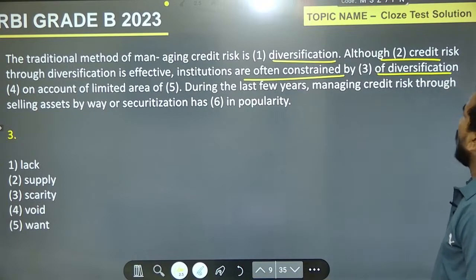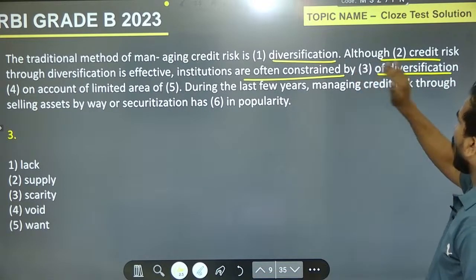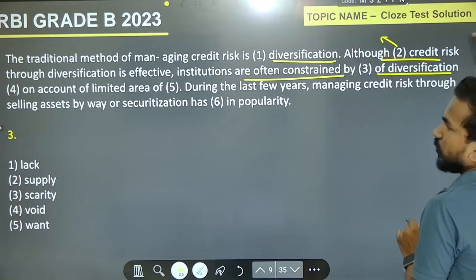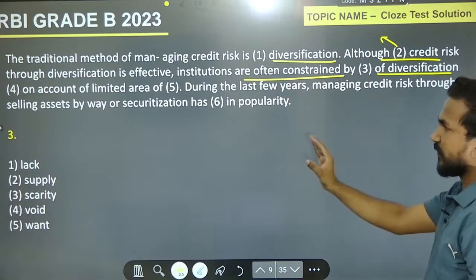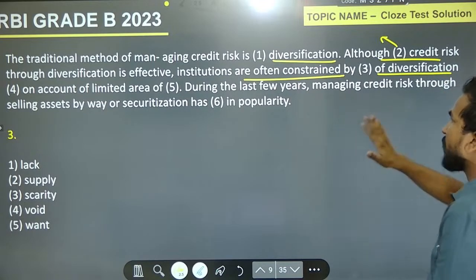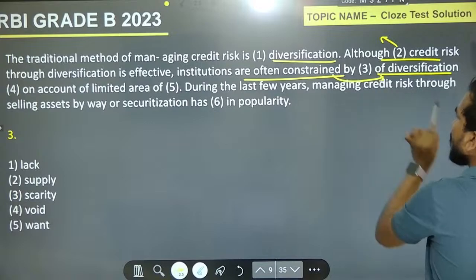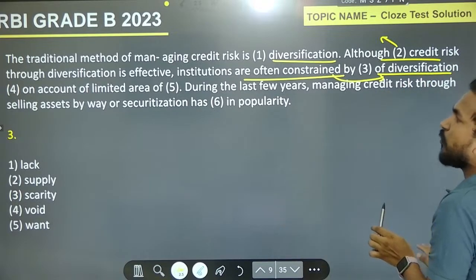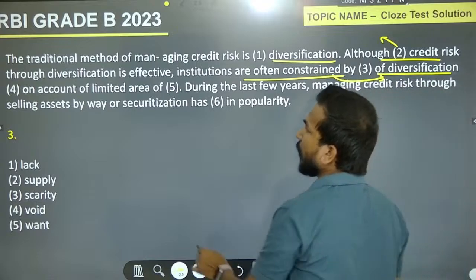Now go for it, whatever it may. The third one is, although mitigating credit risk through diversification is effective, institutions are often constrained by blank of diversification, blank on account of limited area of blank. Okay, what we are talking about?